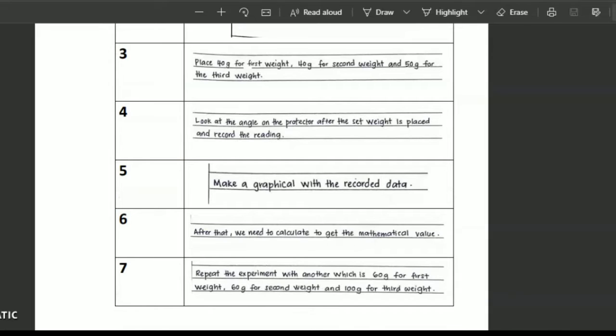Step 5, make a graphical method with the recorded data. Step 6, after that, we need to calculate to get the mathematical value. So lastly is step 7, repeat the experiment with another data, which is 60 gram for first and second weight and 100 gram for third weight.